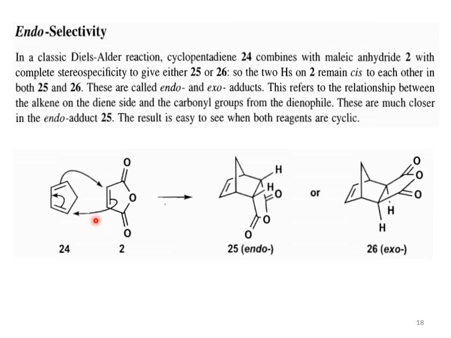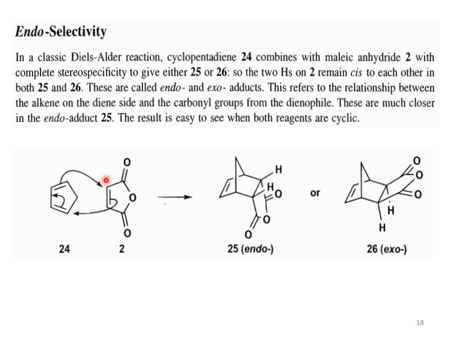These are much closer in the endo adduct 25. This alkene and this carbonyl group are closer to each other because this double bond is pointed downward and these 2 carbonyl groups are also pointed downwards. So when these 2 groups are pointed downward, they are closer to each other.